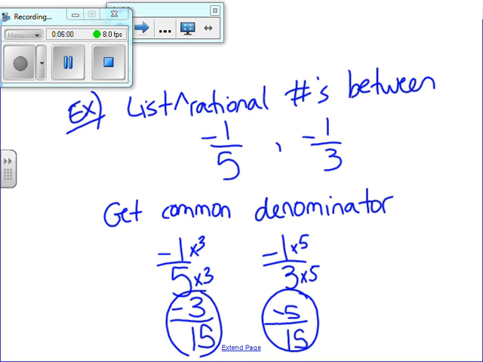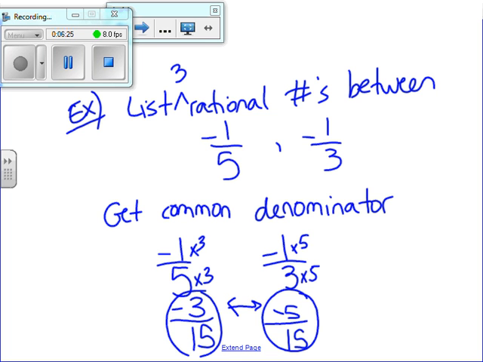So if I want to say list 3 rational numbers between -1/5 and -1/3, I'm going to have to figure out what's in between these two guys now. Now I know if I look at the tops, there's a space in between -3 and -5. So I'm always looking at the tops because that's how many of something I have.